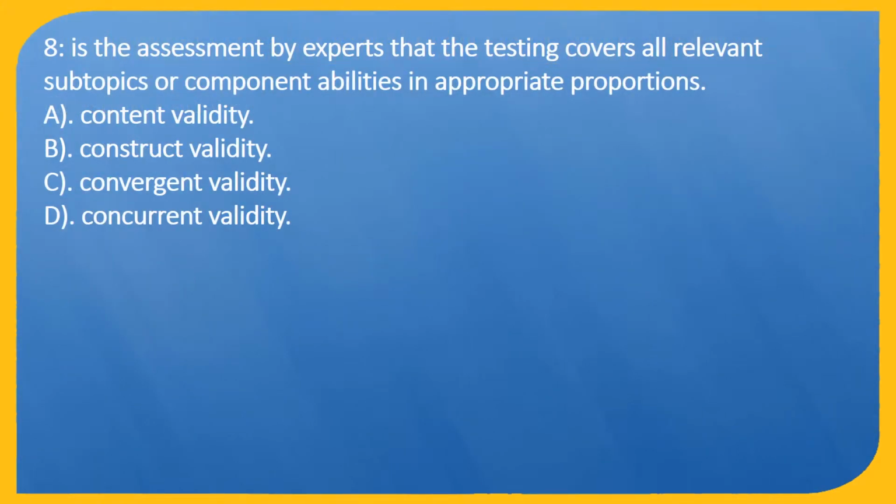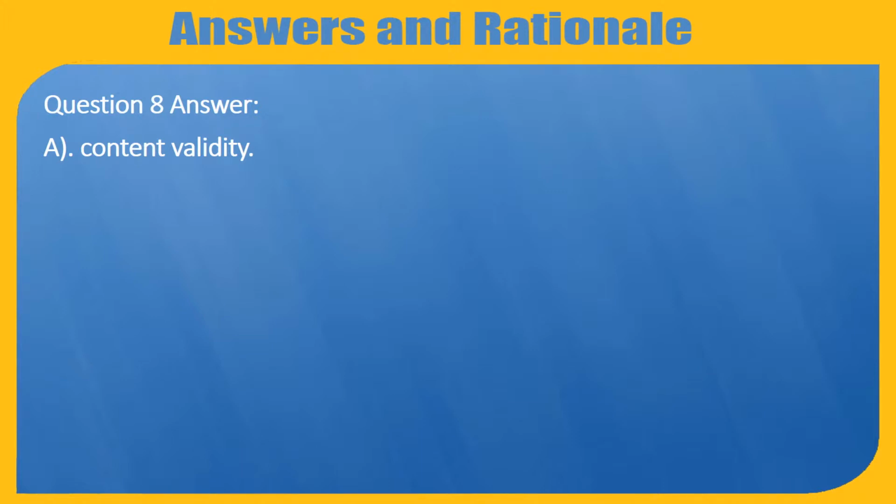Question 8: Is the assessment by experts that the testing covers all relevant subtopics or component abilities in appropriate proportions. A. Content validity. B. Construct validity. C. Convergent validity. D. Concurrent validity. Question 8 answer, A. Content validity.